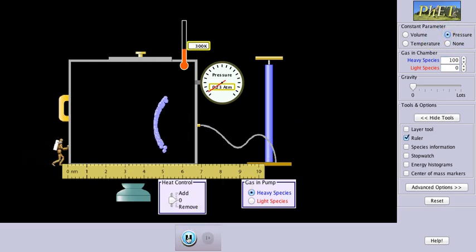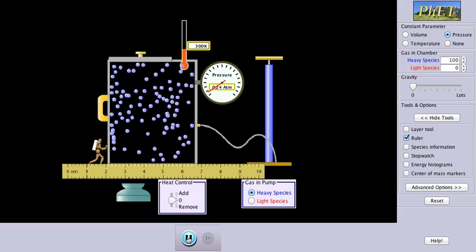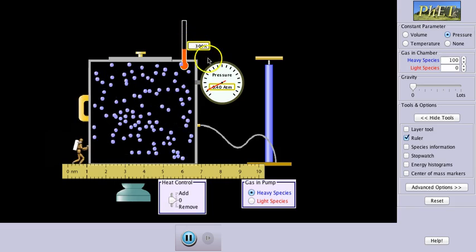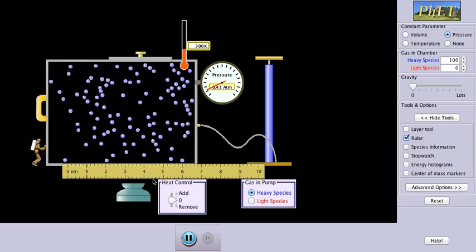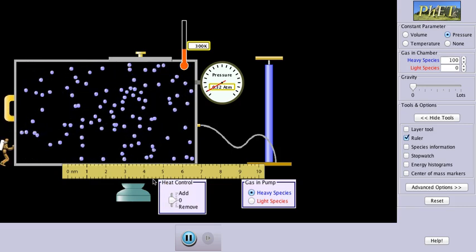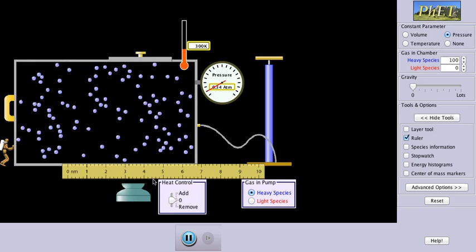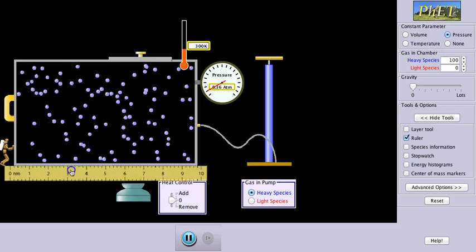Starting the sim. We're at 300 kelvins. And let's get our first volume measurement.